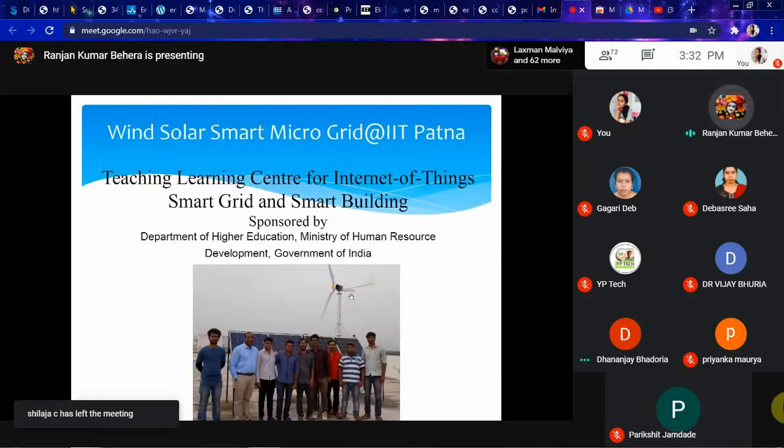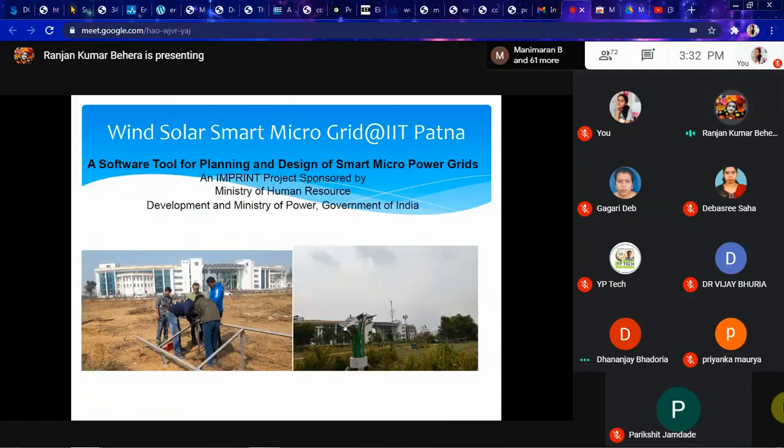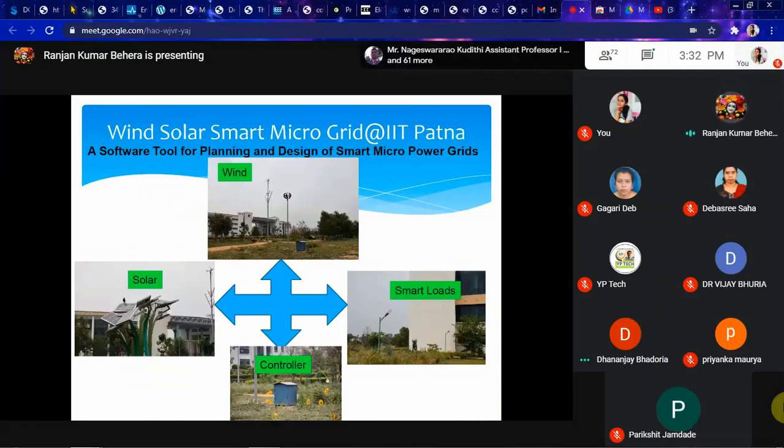There are also few projects in our IIT, where we have IoT for smart grid, smart building, and people are currently using it. This is a complete network we developed. Then we have also another project where we do the planning and design of a smart microgrid. You can see here we have a horizontal wind turbine, vertical wind turbine.